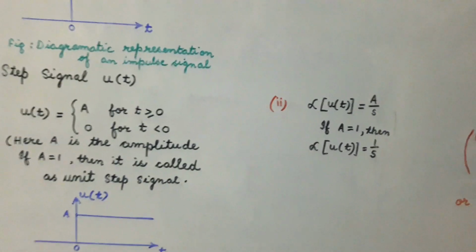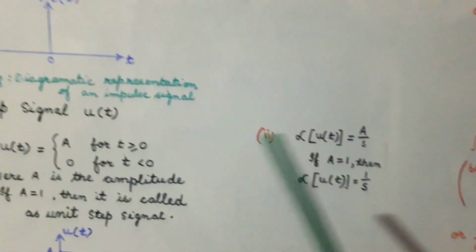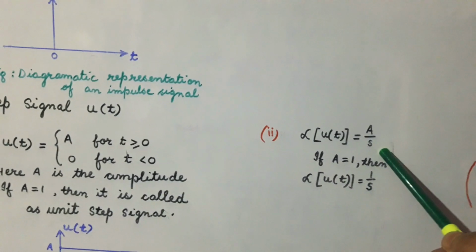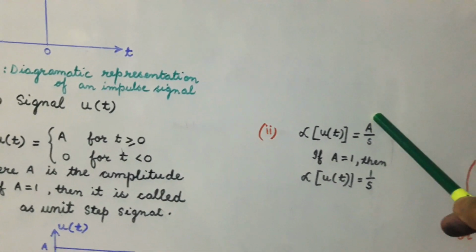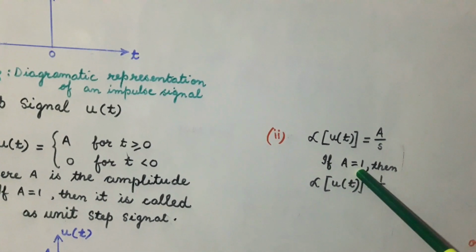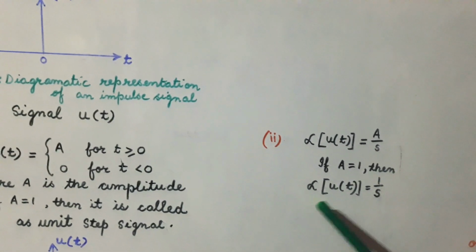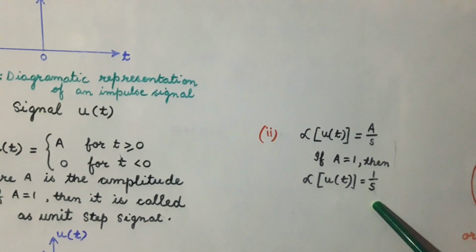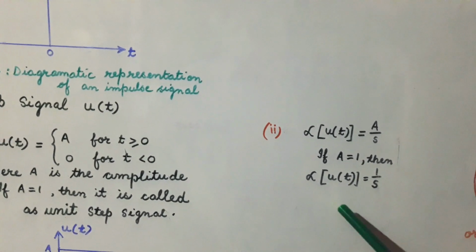Similarly, u(t) will be represented in S domain as A by s if its amplitude is A. However, if the value of amplitude is 1, then the Laplace transform of the unit step signal will be equal to 1 by s, which we have already studied in the chapter on Laplace transform.